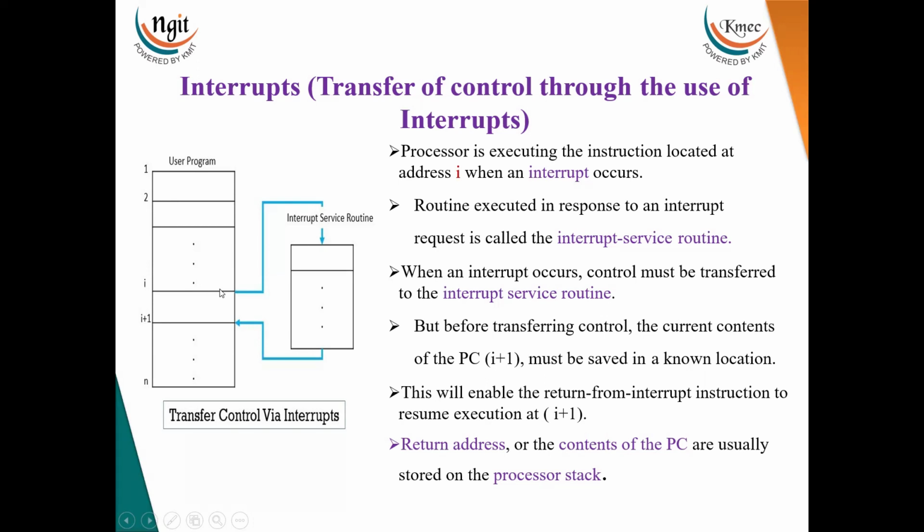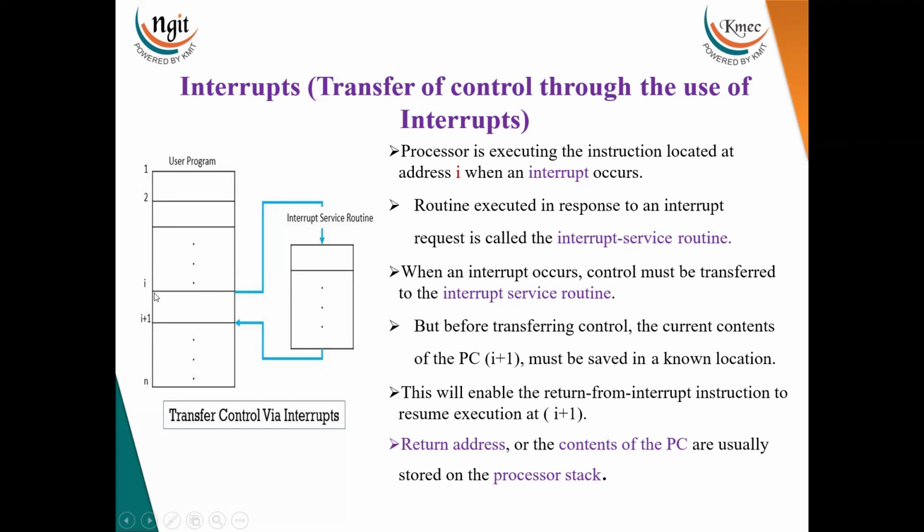It will complete the ith instruction execution, and after that it will save the I+1 address. What stores the I+1 address? The PC, program counter. What does the program counter do? Program counter always holds the address of the next executable instruction. So whenever the ith instruction is being executed, the PC is holding the I+1 instruction address.